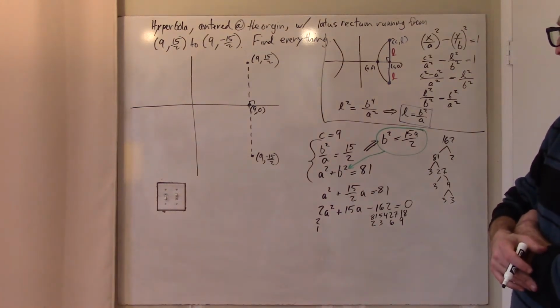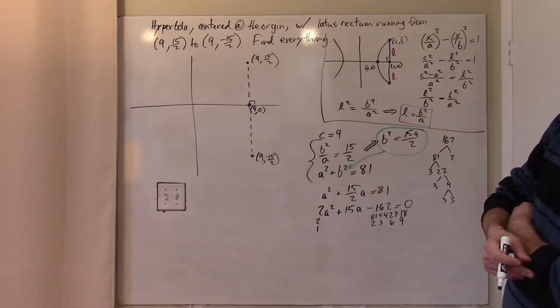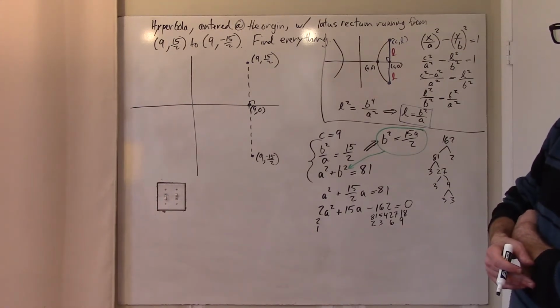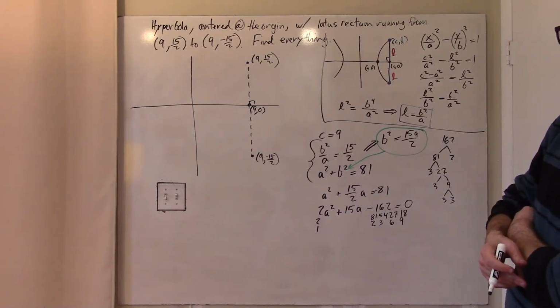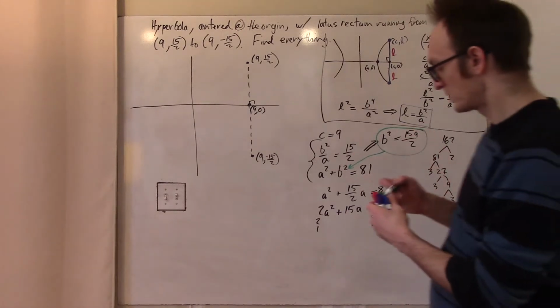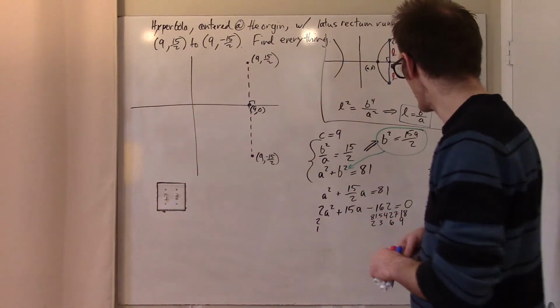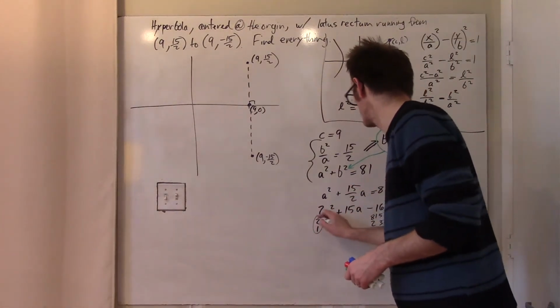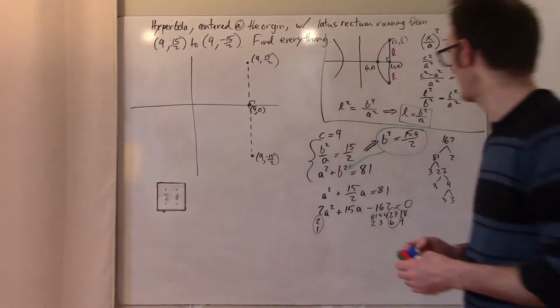C is 9, 81. This is seemingly all correct. 162. Alright, so I just need to do it, I guess. Differences of 15. Oh yeah, there it is. 12 and 27. Okay, so that wasn't so bad. I just psyched myself out for a minute.